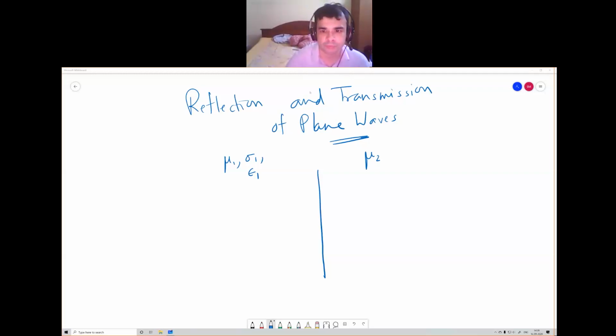Dash mu 2 sigma 2 and etc. This is my x direction, this is my z direction. So what will be the y direction? Will it be towards the screen or away from the screen? Away from the screen.